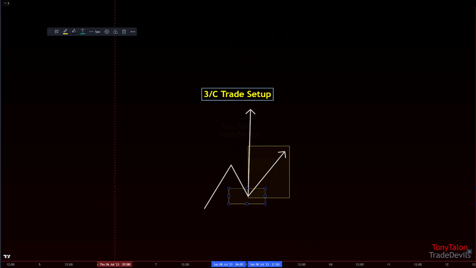And that setup being, and we'll go over this a little bit further on, impulse wave up, internal correction, before a blast off, either for the wave 3 or the wave C. The other good part of this is that whether it's a 3 or a C, there's some similarities or some places we can take profit on this that can benefit us with minimal loss or drawdown.